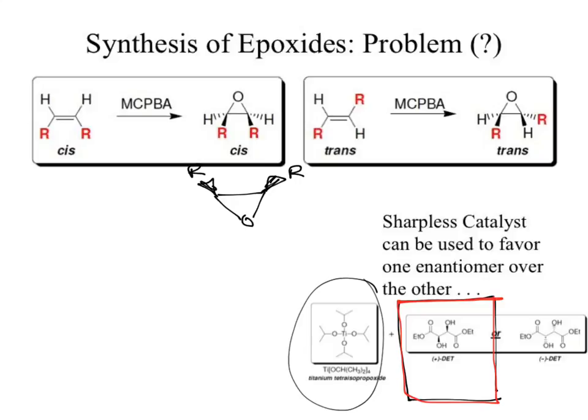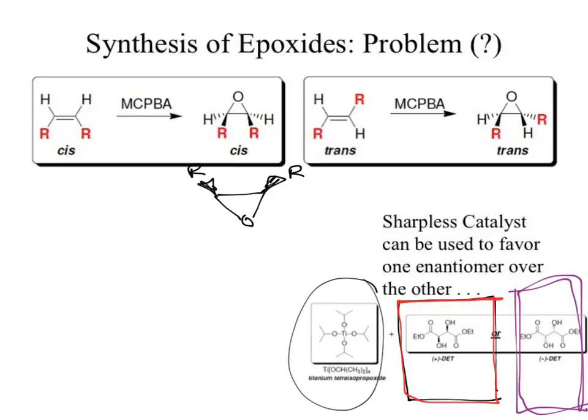If we put in the plus, the result in our product is that we get the plus enantiomer of the epoxide. If instead we wanted the minus, we would use the other compound, and that would generate our minus epoxide. Kind of odd chemistry. The exact mechanism is not discussed in the textbook.